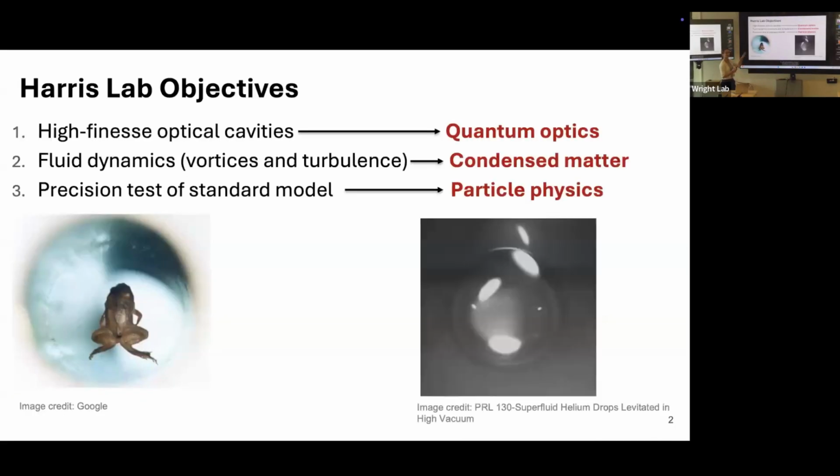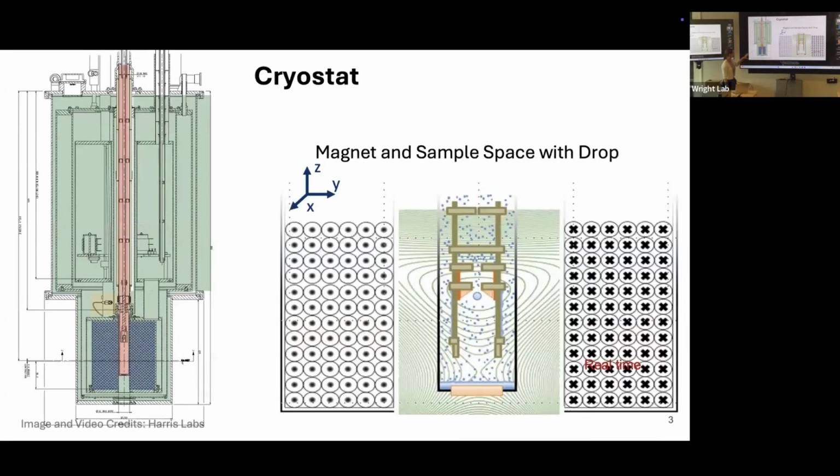The cryostat's right here. Our drop is inside the sample space right here, and the temperature of the drop is around 1 Kelvin, but the surrounding atmosphere is 4 Kelvin, cooled by liquid helium. And there's this magnetic solenoid around it.